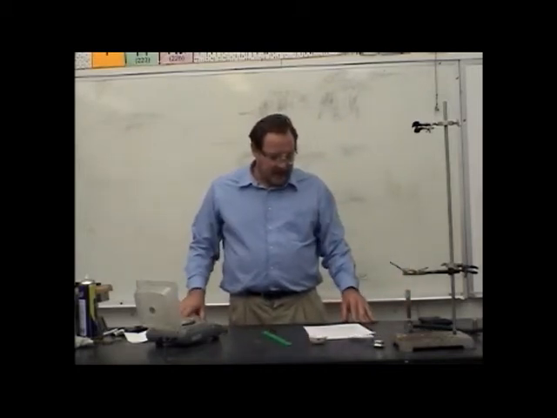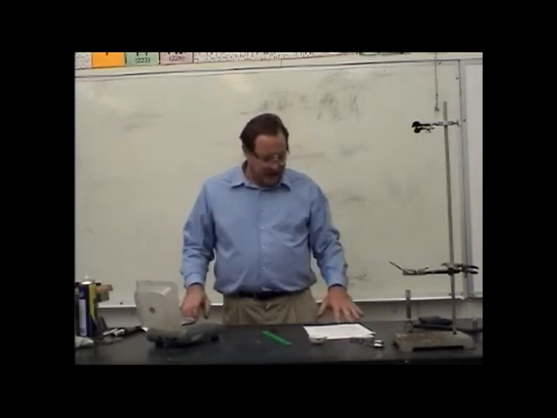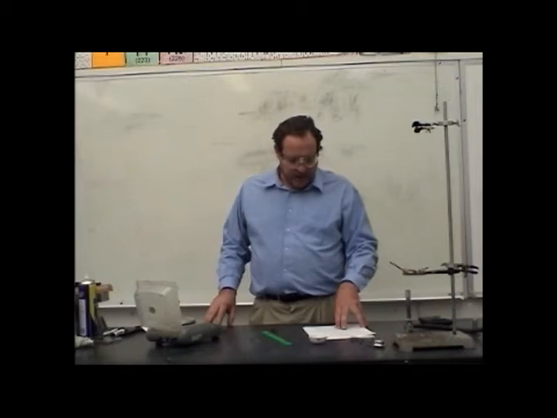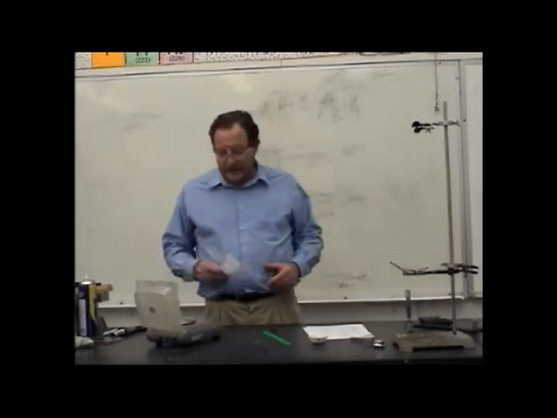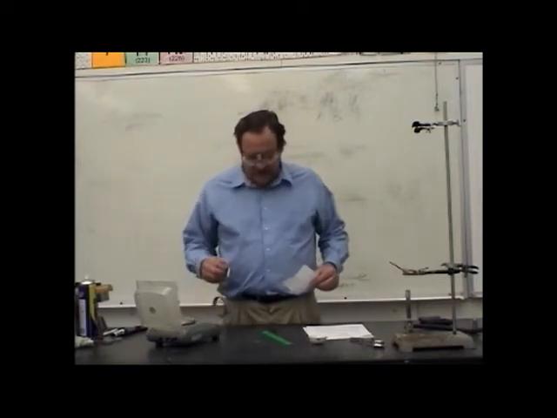Next, using a piece of weighing paper, find the mass of the magnesium using a digital balance. Record this measurement on your data table. We're going to take our weighing paper, because we don't want to risk contaminating our magnesium strip.